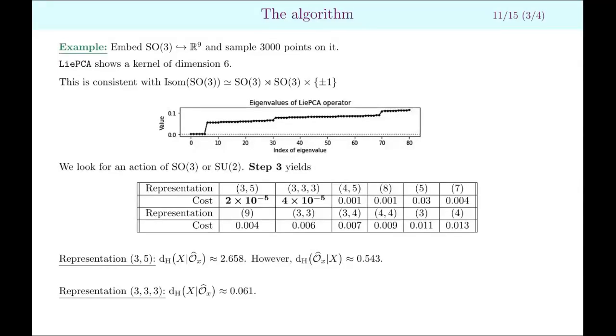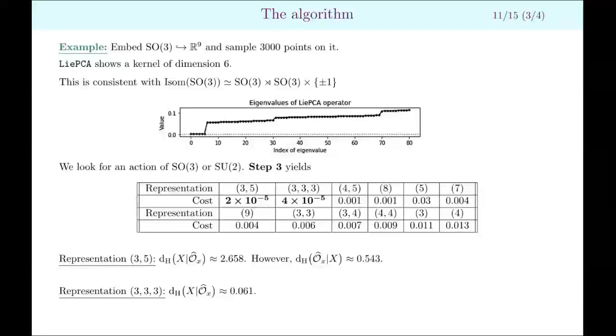So I get a sample in R9, and I ask whether this point cloud is the orbit of a representation of SO3. I compute the LPCA, and I can see 6 small eigenvalues. So it seems like the symmetry algebra has dimension 6, which is consistent with the actual isometry group of SO3, which is this product.